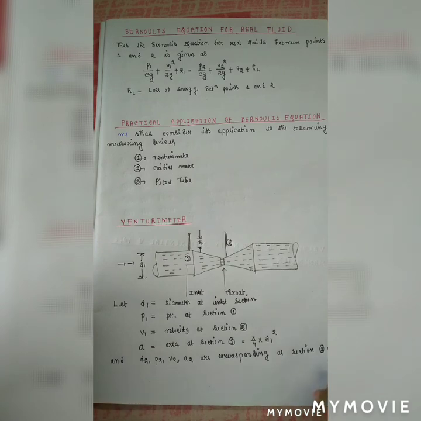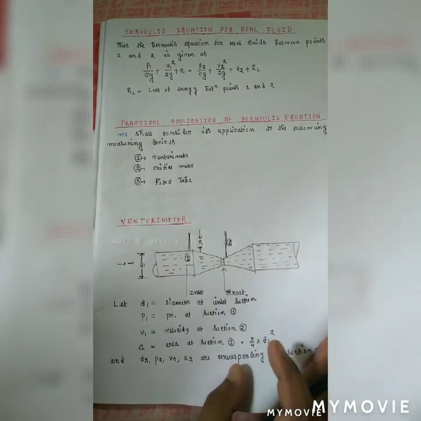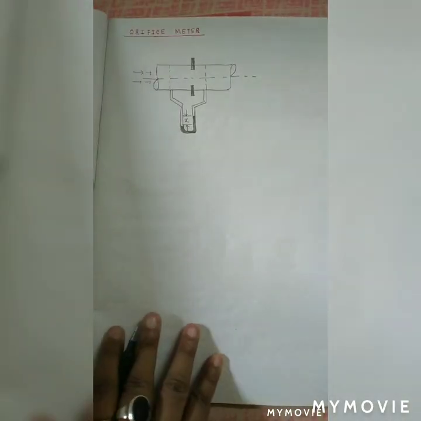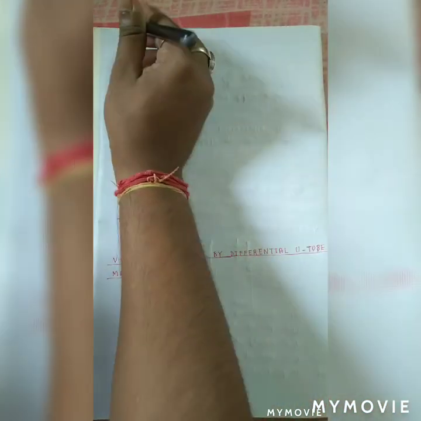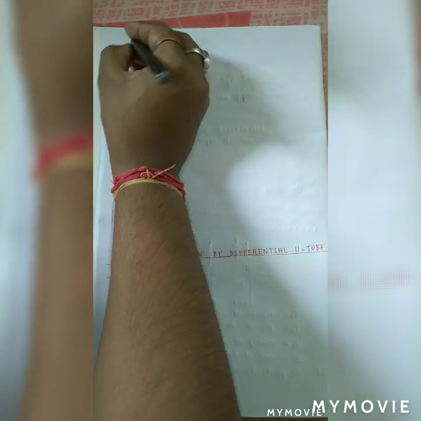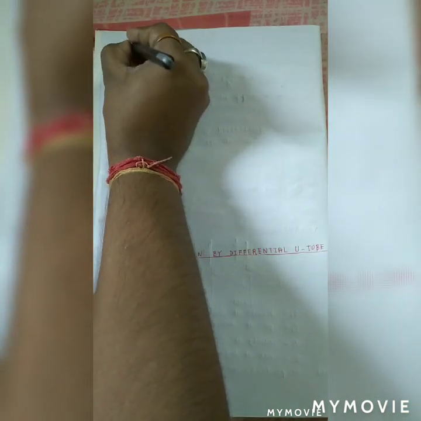Now we are applying Bernoulli's equation at sections 1 and 2. You know Bernoulli's equation means pressure head plus velocity head plus datum head equal constant, but here for sections 1 and 2, this will be p1, v1, z1 and p2, v2, z2.